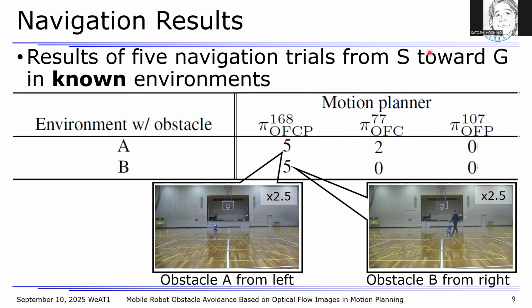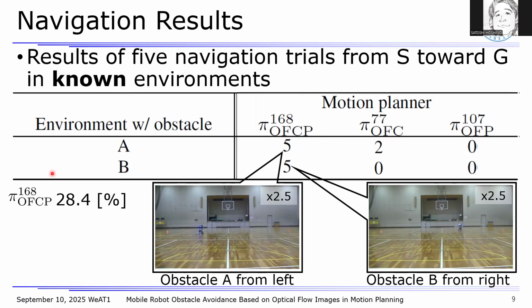Regarding these differences in navigation performance between the motion planners, we compare the ratio of completely black images in the dataset D used for imitation learning. The ratio of the panoramic optical flow cropped images was 28%.